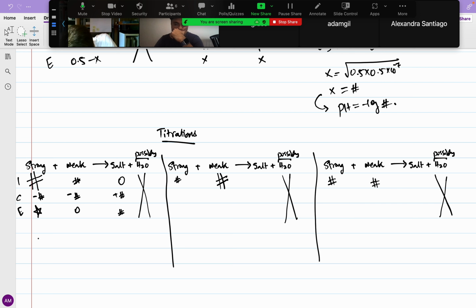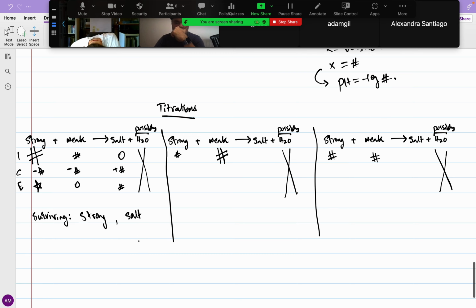Let's look at the surviving species. You have the strong species that survives at equilibrium, and you have some salt that survives at equilibrium. In addition to water, we don't care about water. If one of the surviving species is a strong species, it dominates again. So all of the acid or basic nature of this solution is going to come almost entirely from the strong species, right?